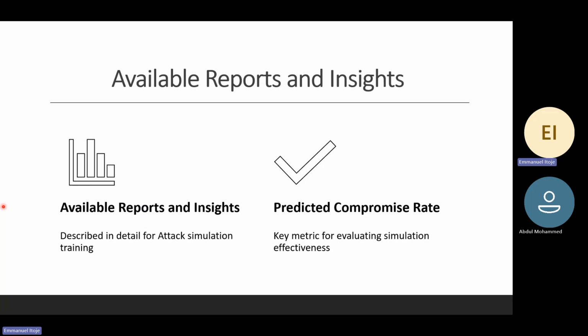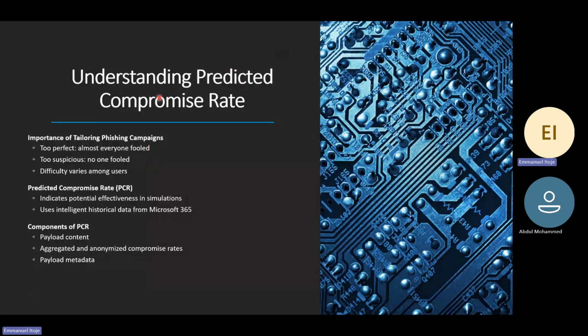For example, if the phishing is too close to perfect, almost everyone will be fooled by it. And if the phishing message is too suspicious, no one will be fooled by it. So you have to actually check that, and that's what we call understanding the predicted compromise rates.